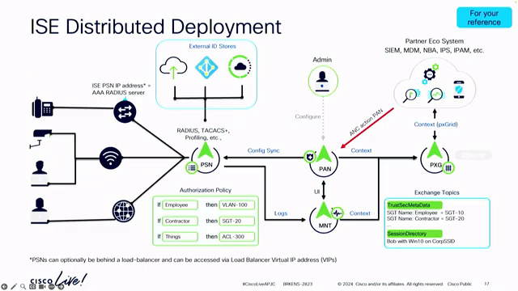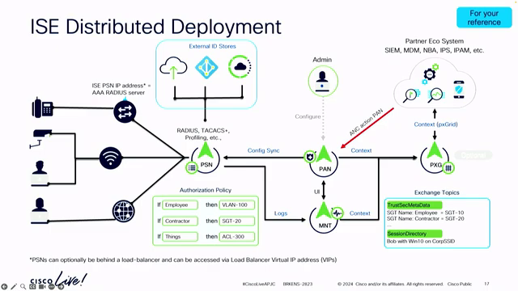So this slide is just for your reference, because if ICE is so crucial for our deployment, then how about scalability and availability? If you are an ICE customer, you'll know that ICE can have multiple personas like PAN, MNT, PXGrid, PSN.